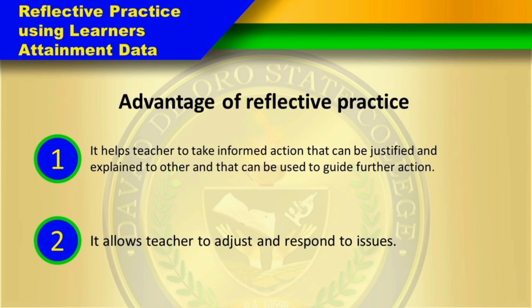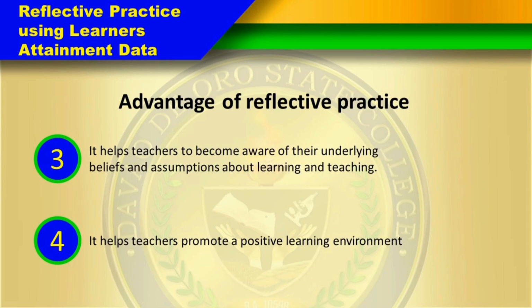Number 2 is it allows the teacher to adjust and respond to issues. It helps teachers to go with the flow of what is happening around them, and it helps them create a justifiable response about a certain issue. Number 3, it helps teachers to become aware of their underlying beliefs and assumptions about learning and teaching. Number 4 is it helps teachers promote a positive learning environment.